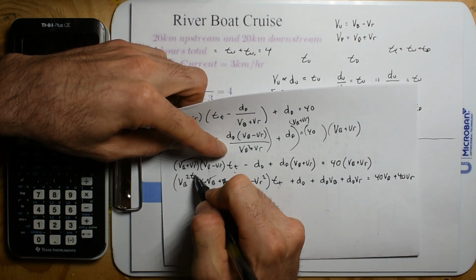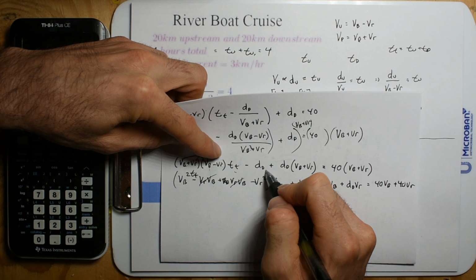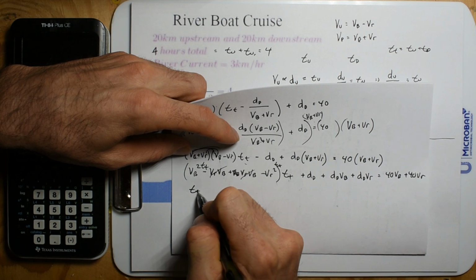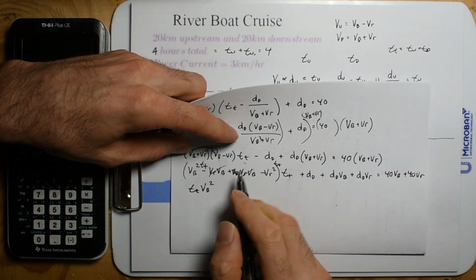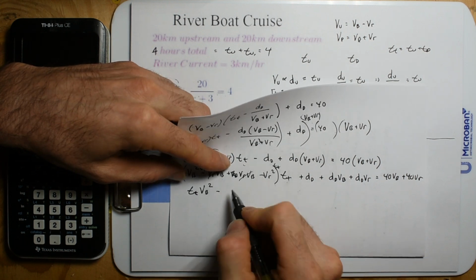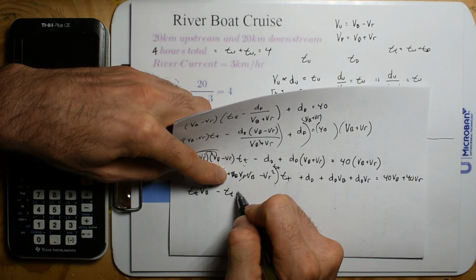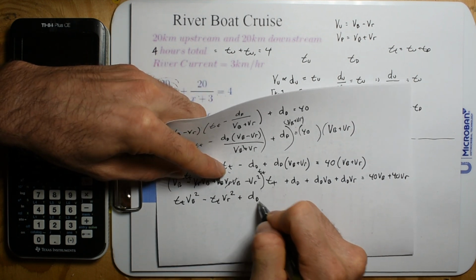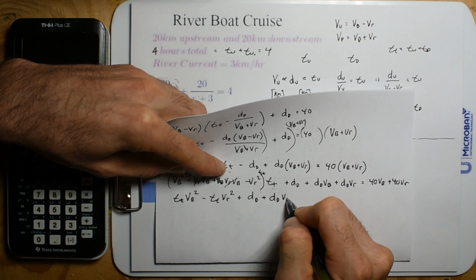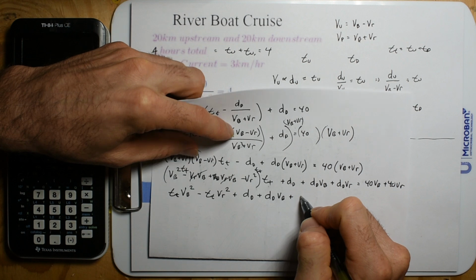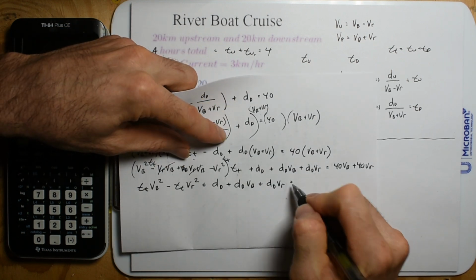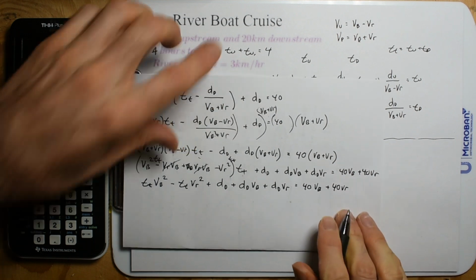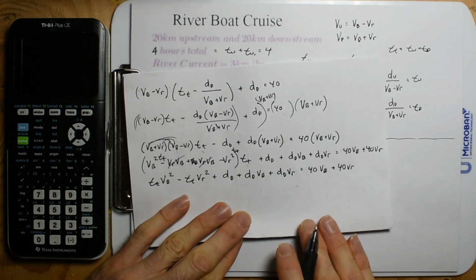Okay, and I could just multiply everything by that time t in here, so I'm going to have time total times VB squared minus the total time times VR squared plus distance downstream VB plus distance downstream VR is equal to 40 VB plus 40 VR.